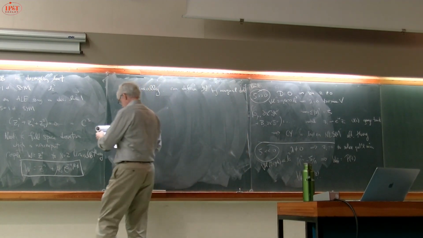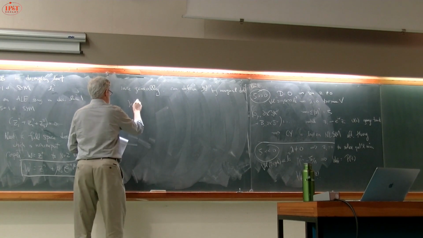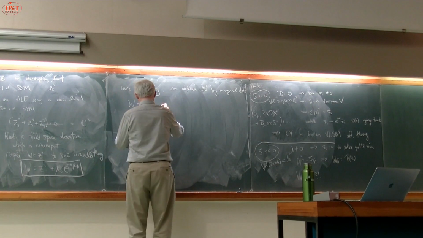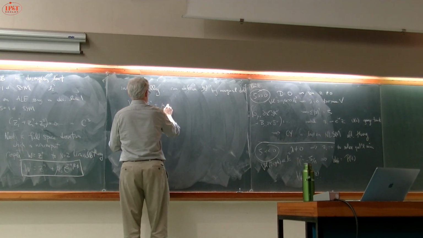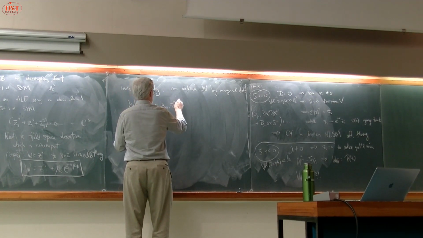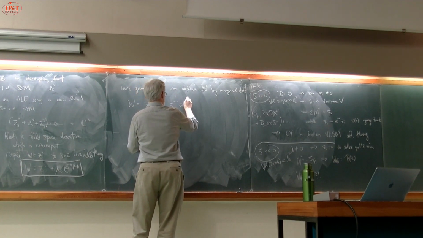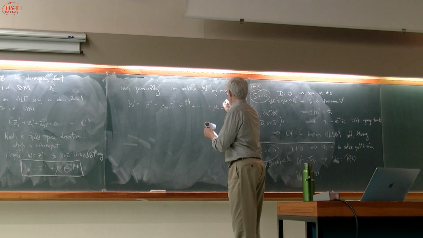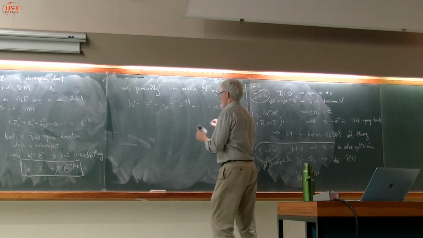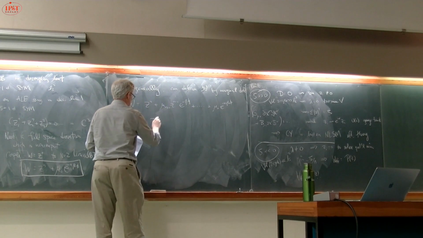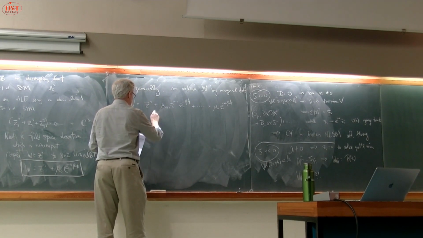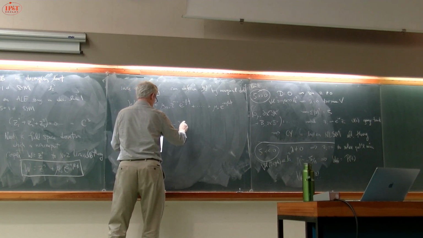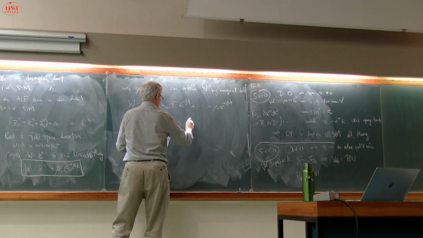So I could write more generally a superpotential which is z to the n plus, say, mu n minus 1, z to the n minus 1, e to the minus beta phi, plus dot dot dot, plus mu naught e to the minus n beta phi, or, in other words, the product over i from 1 to n of z minus some other parameter, call it lambda i, e to the minus beta phi.